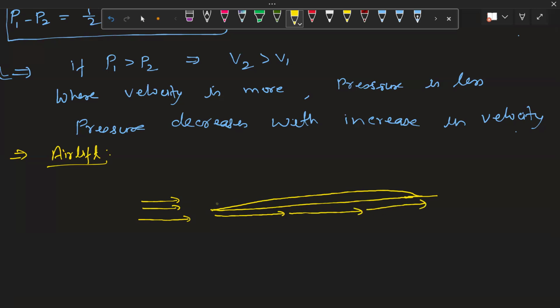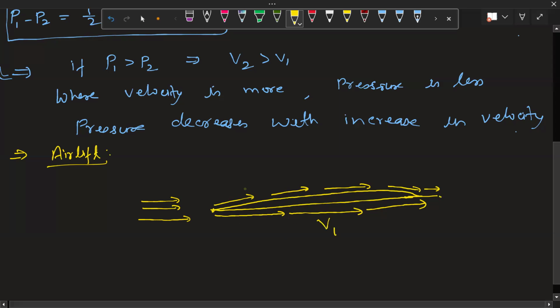But due to the curved part, the air that will go to the top of the plane has to travel more distance. Are you understanding my point? Yes, sir. So this lower part air has to travel less distance and they should reach from this part to this part in the same time. So here the speed is less, but here the speed is more.